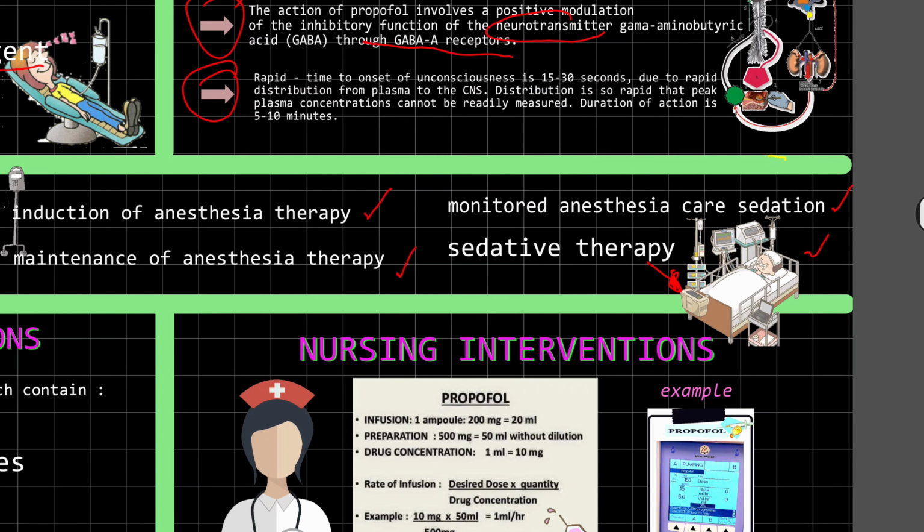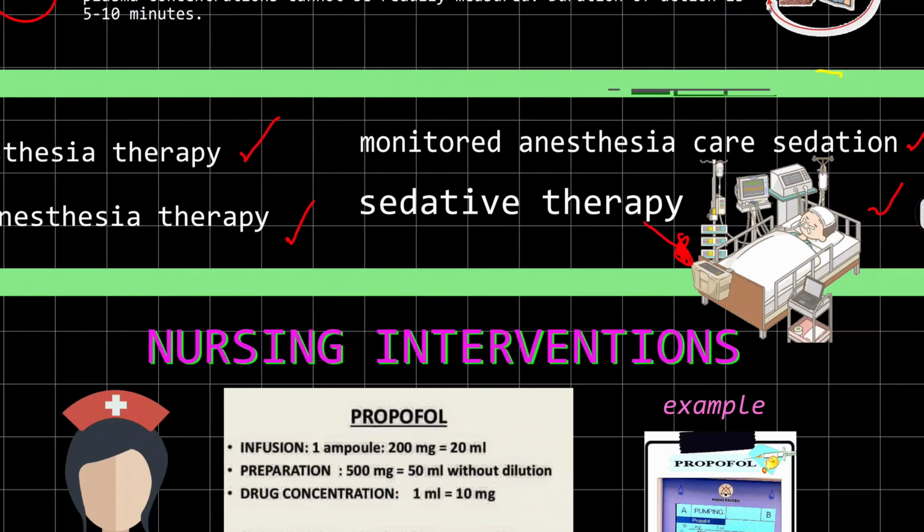If you want to sedate your patient for intubation or a severely combative patient, those kinds of things, you can expect that the doctor will order propofol to start with. And as a sedative therapy, I'll just insert, we also have to take note that we measure the efficacy of your propofol by following what tool are we using? We're using the RASS score. Is anyone of you familiar with RASS?